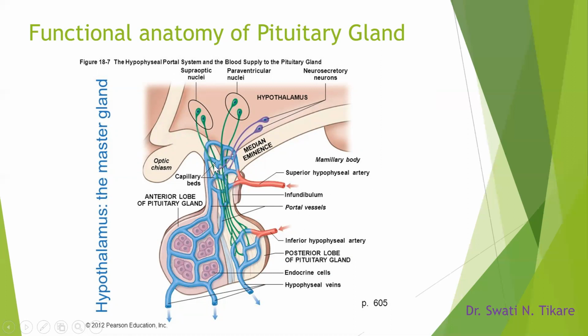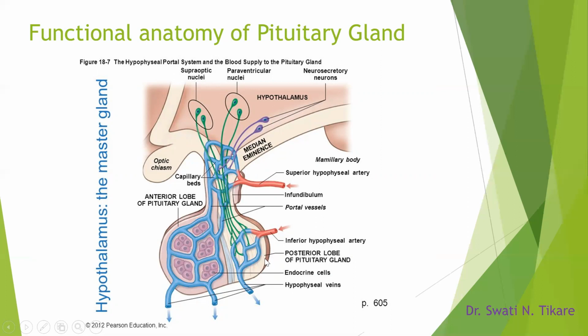Normally we have an artery giving way to a capillary bed, then there is a venule. But here we have two capillary beds connected by a vessel. Such a vessel is called a portal vessel. So we have a portal system here, similar to what you might have learned in the liver. So this is basically about the anterior pituitary gland.